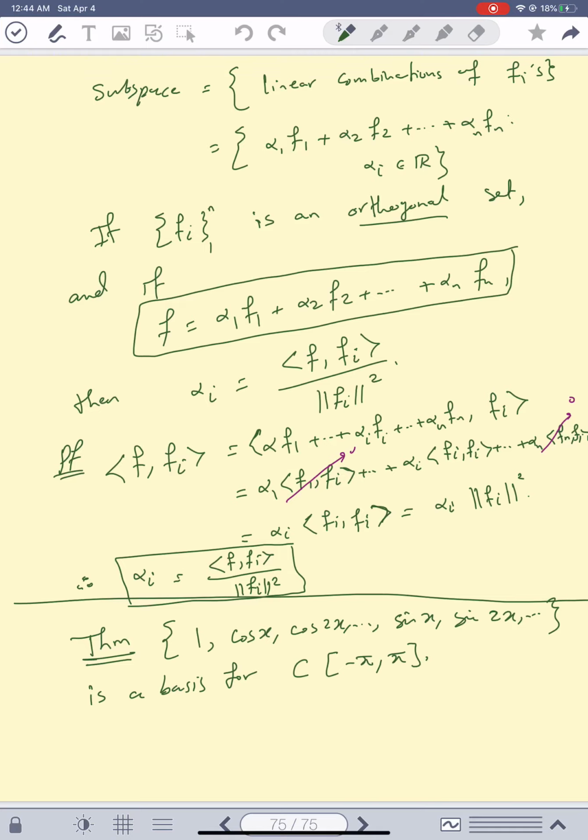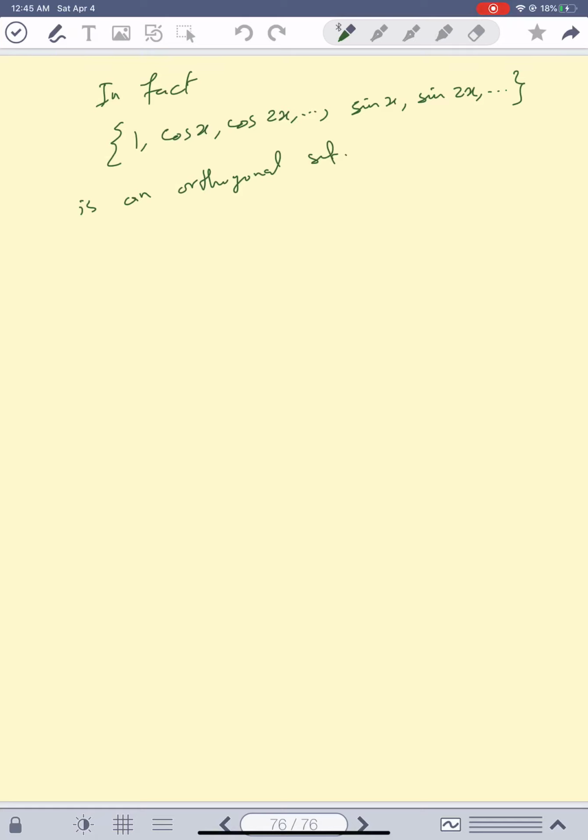Now what's more important than being a basis is that, in fact, this set is not only an independent set, but it is an orthogonal set. To prove that this is an orthogonal set, for an orthogonal set we mean every two different functions are orthogonal to each other.